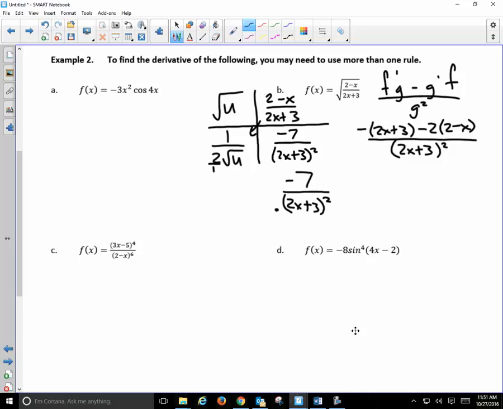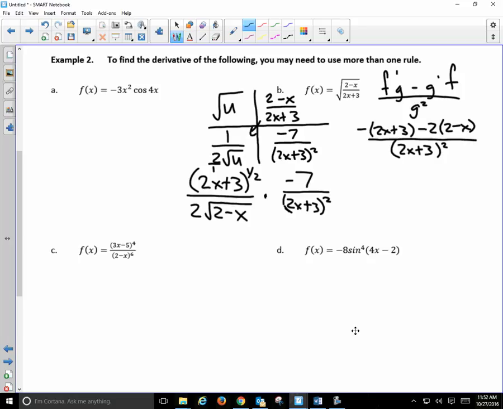So when we multiply by the reciprocal, what we get is in the numerator, we get a 2x plus 3 to the 1/2 power. On the bottom, we have a 2 times the square root of 2 minus x. Right? Well, as I multiply these two together, what do you notice about the 2x plus 3 here in the denominator?